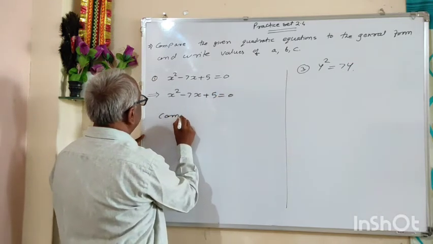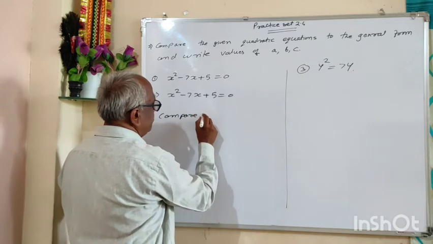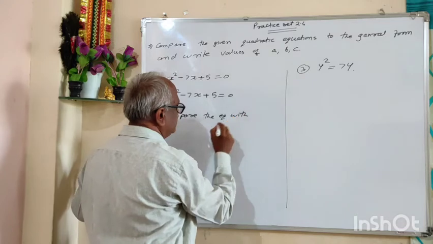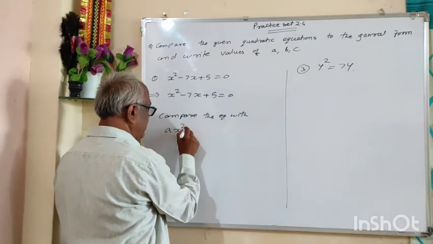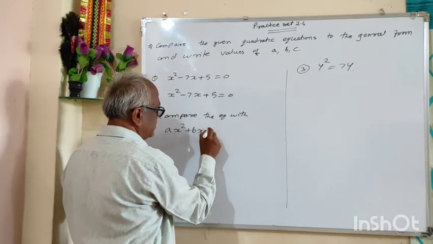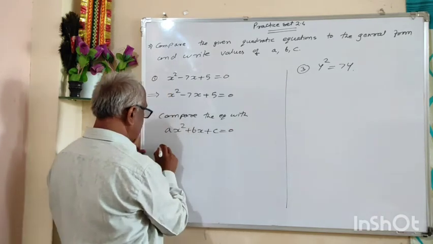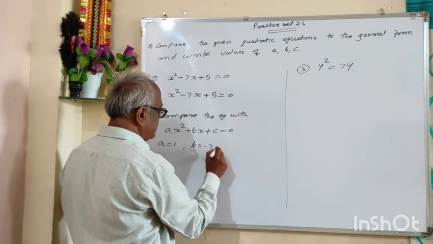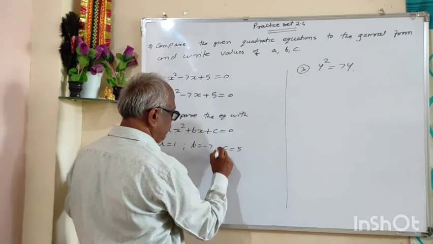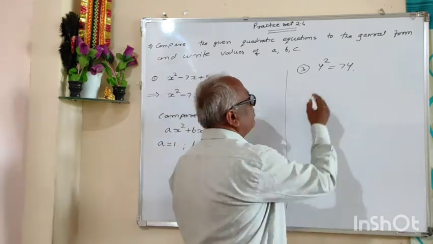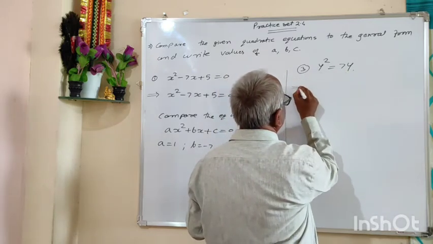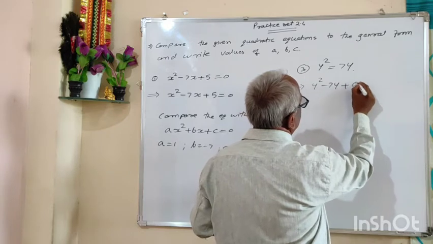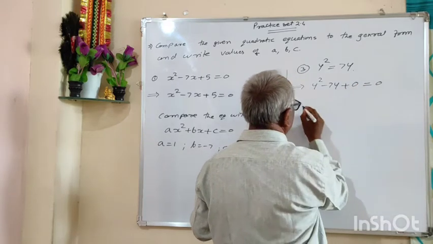Compare the equation with the general form, that is ax square plus bx plus c is equal to 0, where a is equal to 1, b is equal to minus 7, c is equal to 5. Now the third example: write it in the general form first, that is y square minus 7y plus 0 is equal to 0.